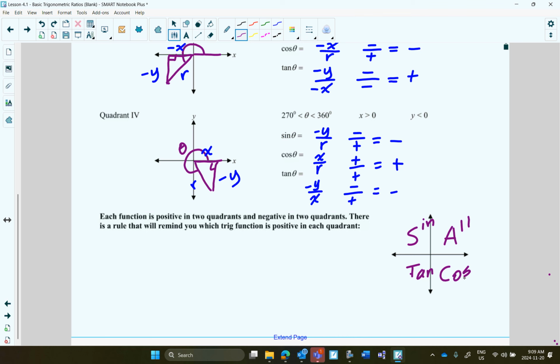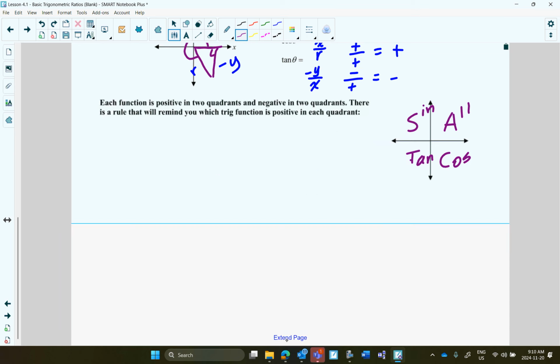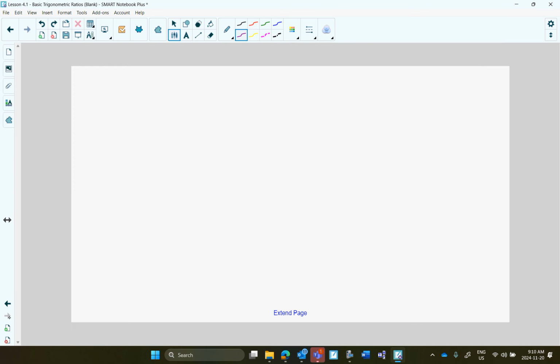Okay. So that's some prep work that we're going to need to get us to the ultimate goal, which is evaluating trig expressions and solving trig equations. But right now, given what we did today, if I said this, and asked, tell me what that is without using a calculator.